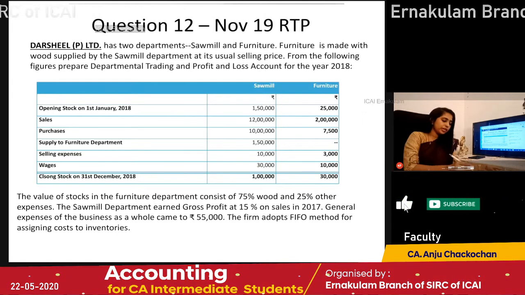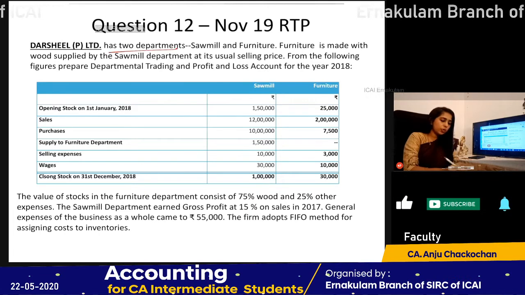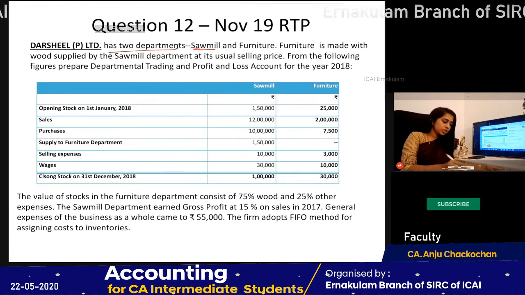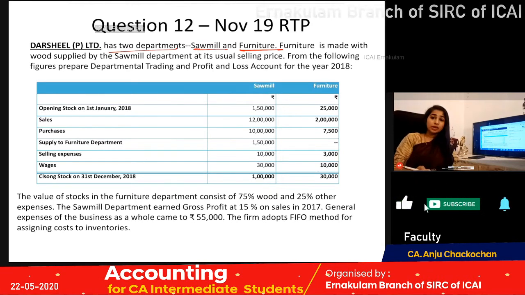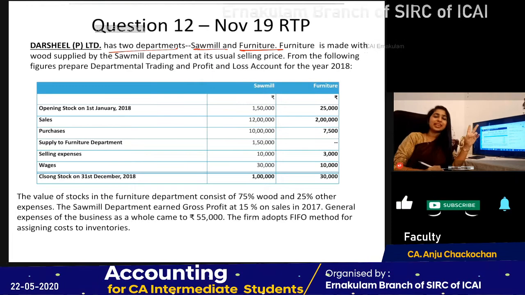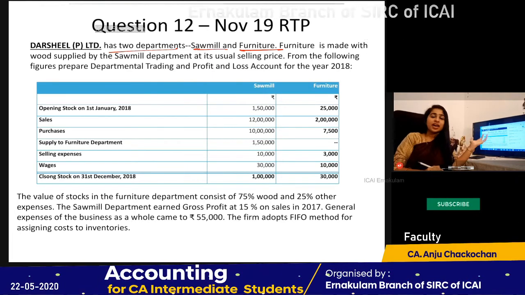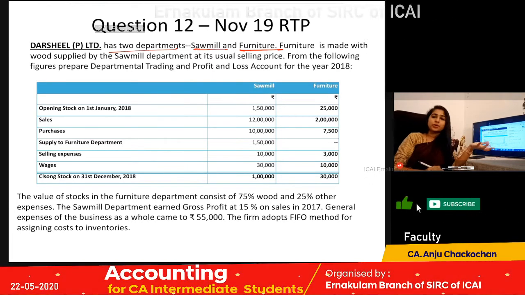Darshil Private Limited has 2 departments, a sawmill and furniture. Furniture is made by wood supplied by the sawmill department. Yesterday we did a similar question with leather department and shoes department, where the output of the leather department was the input of the shoes department.